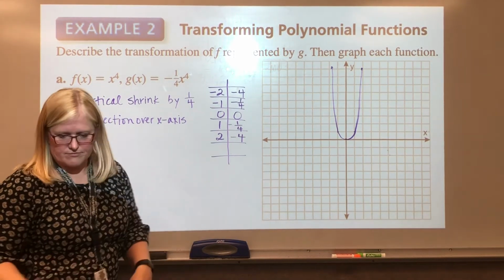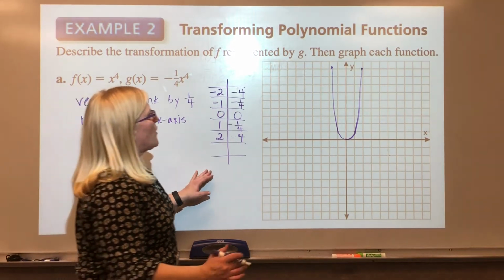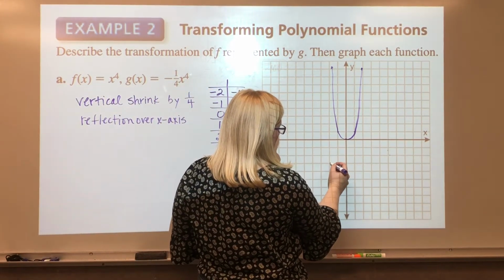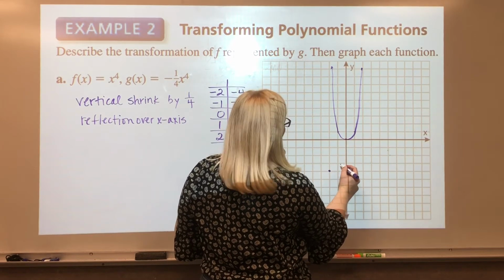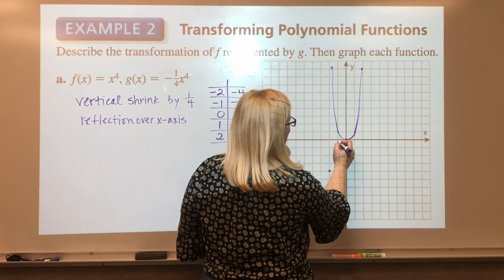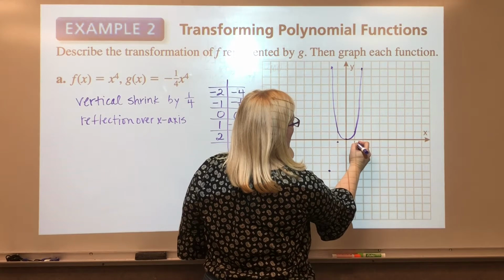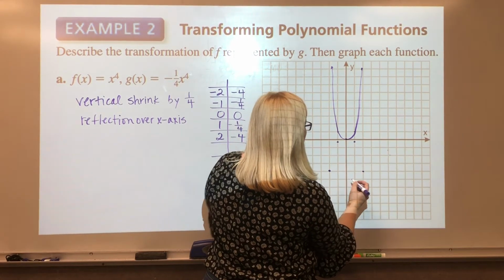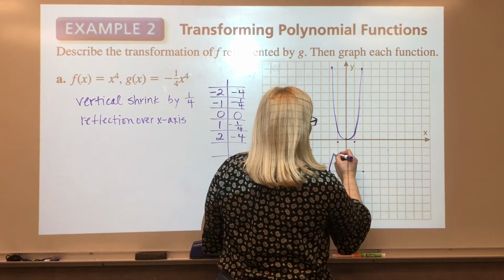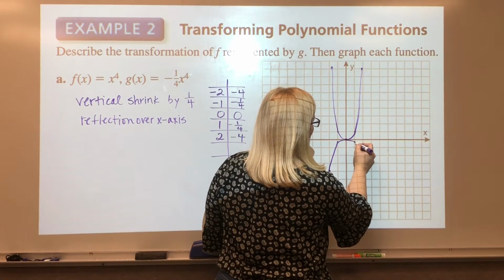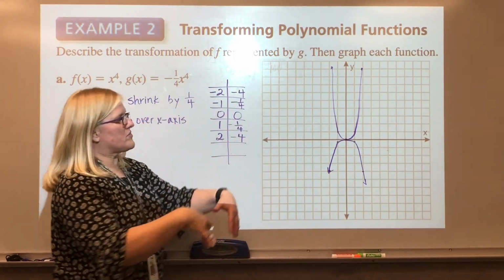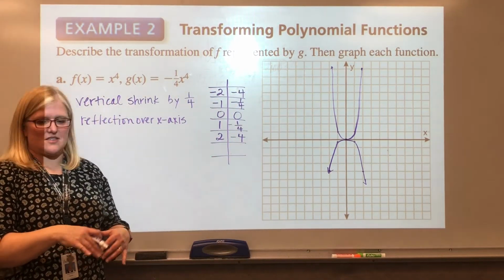Okay, so when we plot these points, I have -2, -4. 1, 2, 3, 4. I have 1, -1, -1/4. Then 0. And then it's basically the same thing on the other side. All right, so this one you can see opened up a little tiny bit more. And it's flipped over the x-axis.